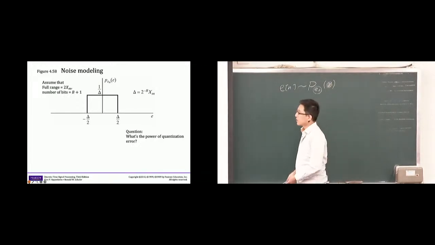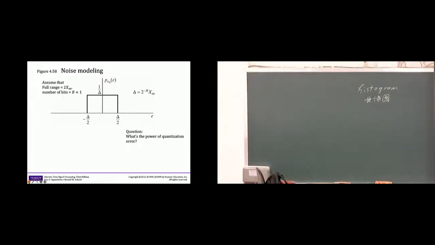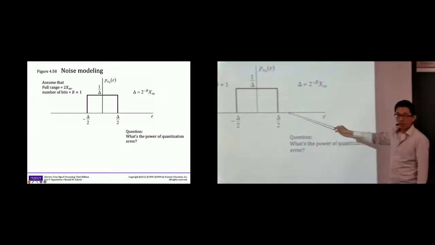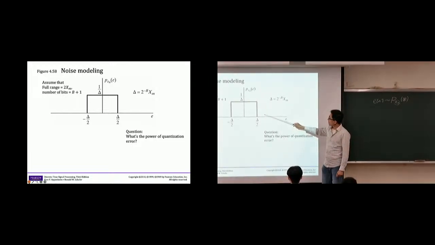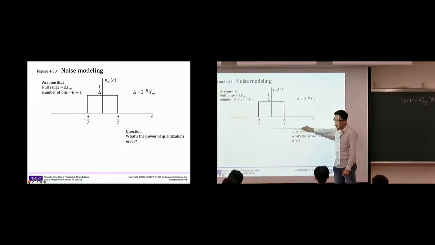The important thing is that if we believe the approximation error is uniformly distributed, then this is the density function. For those of us who have taken probability, this is a continuously valued uniform distribution with zero mean, because the middle is zero.